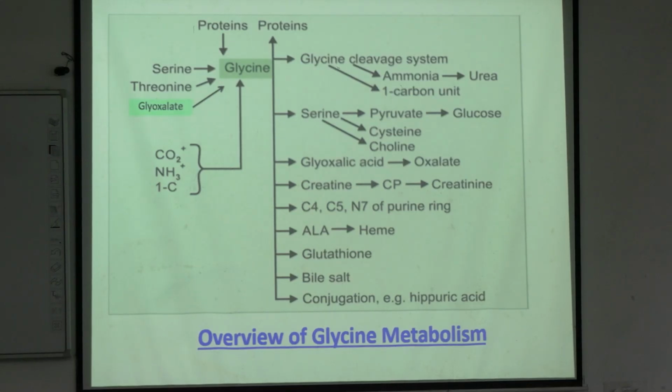So positions 4, 5 and 7, the carbons at 4 and 5 and the nitrogen at position 7 of the purine are contributed by glycine.